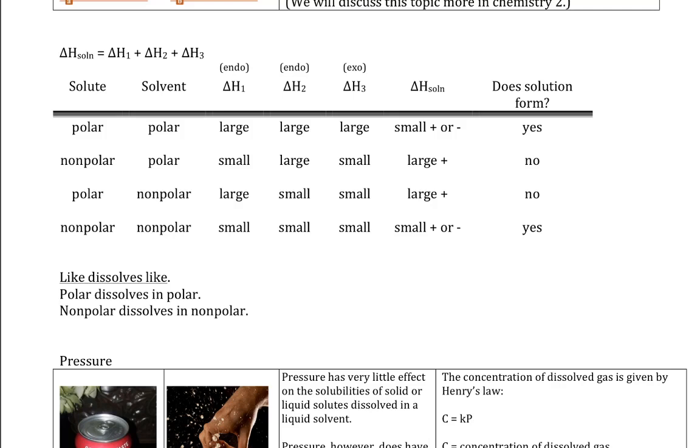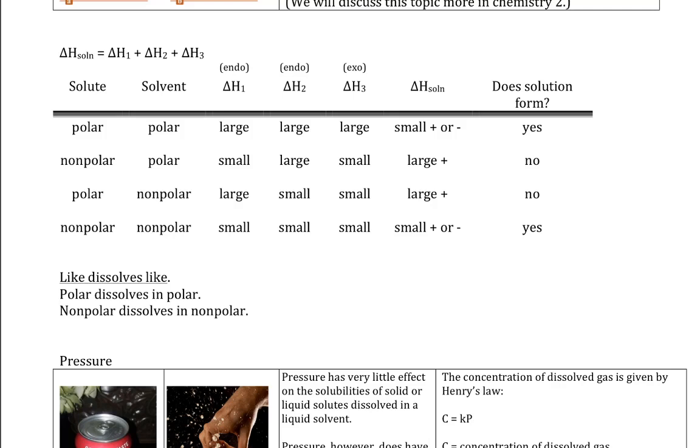If the solute is polar, delta H1 is large. If the solvent is nonpolar, delta H2 is small. But being polar and nonpolar, delta H3 is small. It cannot compensate for the large delta H1, so we end up with a large positive delta H of the solution, and again, a solution will not form.